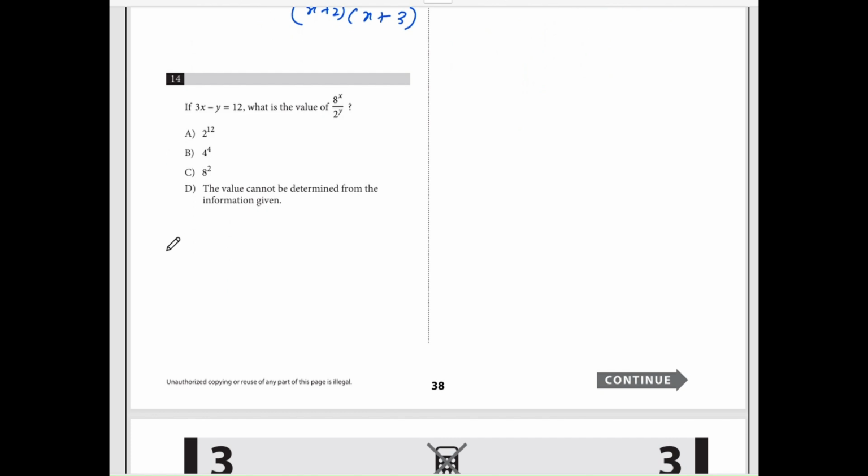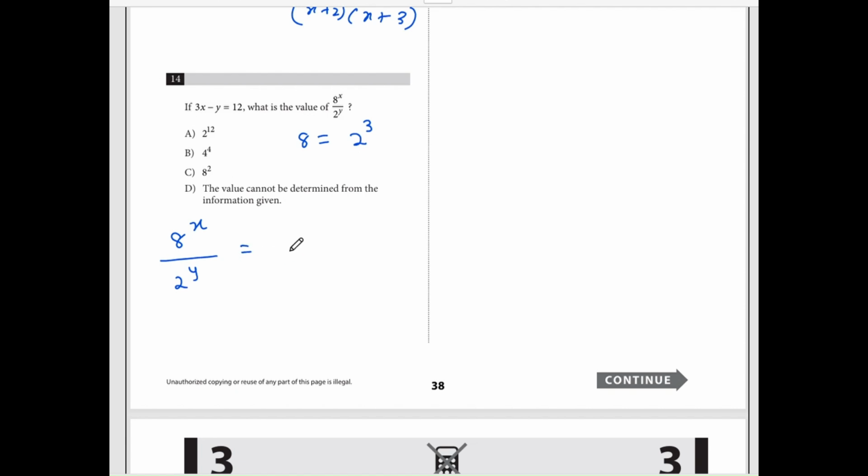Question number 14. If 3x minus y equals 12, what is the value of this? Let's write down 2 to the power x divided by 2 to the power y. Yes, we all know 8 is 2 to the power 3.